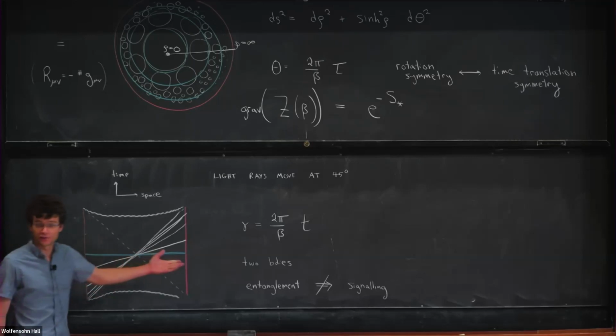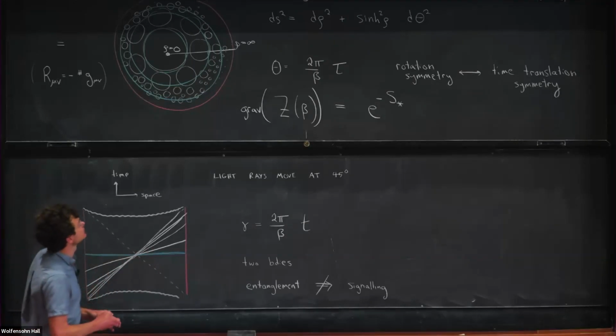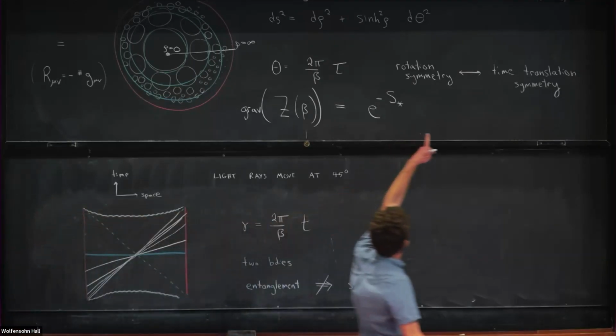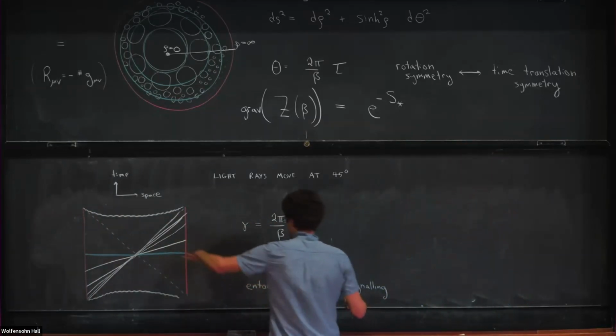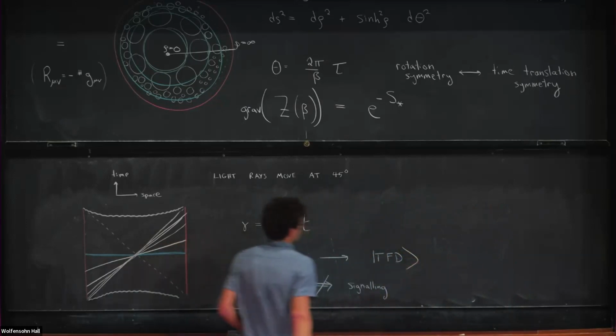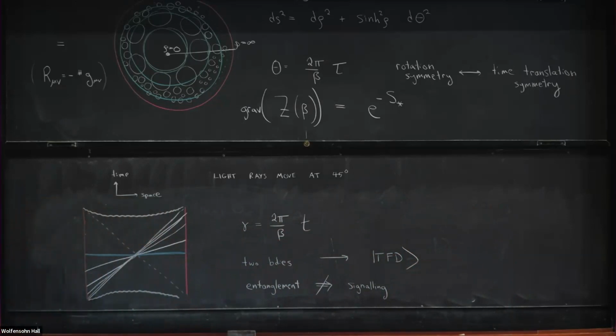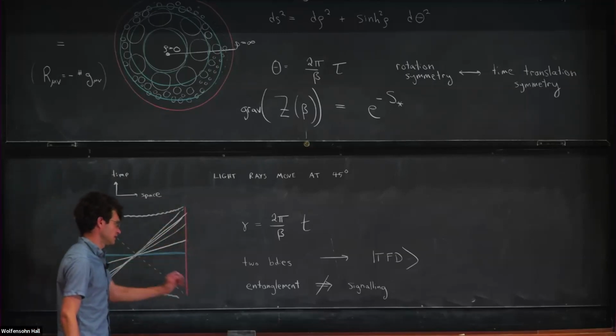So really what this geometry is describing is some state of two copies of our quantum system. It's an entangled state. It's the thermal field double state. It's that state up there. So this is the statement that this geometry really describes the thermal field double of two copies of the quantum system dual to the black hole. And those two copies, their respective time evolution corresponds to this red manifold on the left side and the other one on the right-hand side.